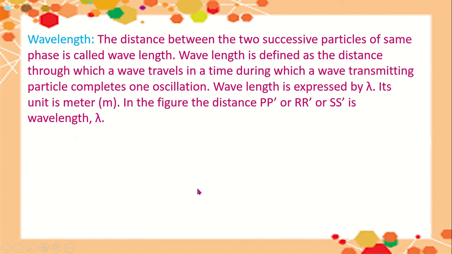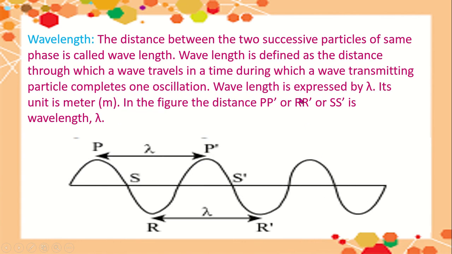Now I will explain wavelength. The distance between two successive particles of the same phase is called wavelength. So look here, on this wave, if I consider two particles P and P prime, the distance between these two successive particles is known as wavelength. Wavelength is defined as the distance through which a wave travels in the time during which a wave transmitting particle completes one oscillation. That means wavelength is not only the distance between two troughs or two crests, it is also the distance traveled by the wave for completing one vibration.